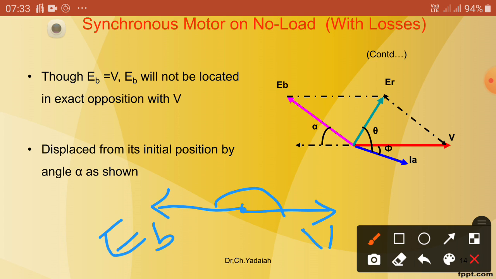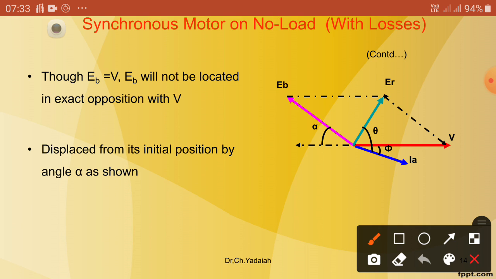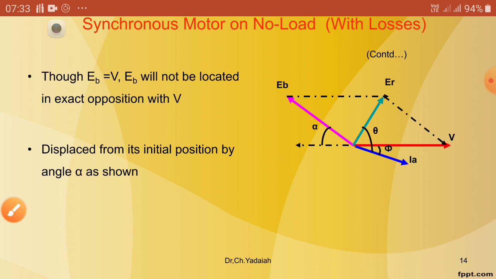Now, in this case EB is compromised somewhat. So the alpha angle is raised. If one person compromises to some level, then the problem may be solved.